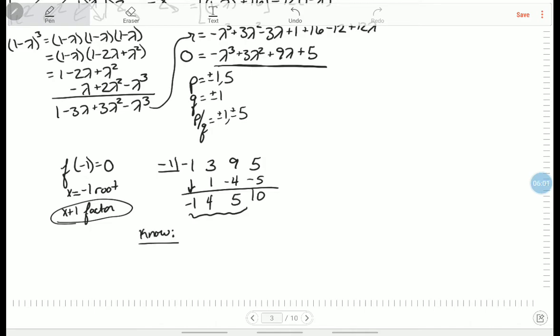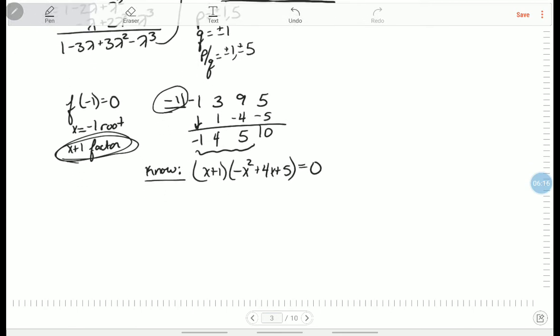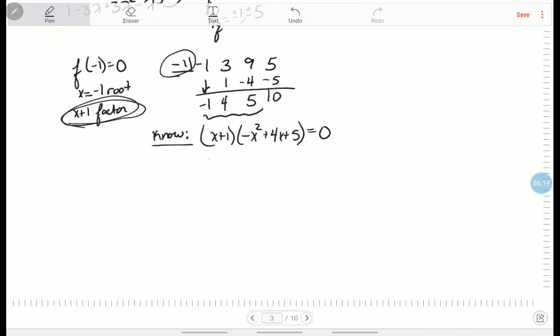This characteristic equation factors into (x + 1) times (-x² + 4x + 5). And remember, we want to set this equal to 0 and solve. This is going to factor a little bit more.